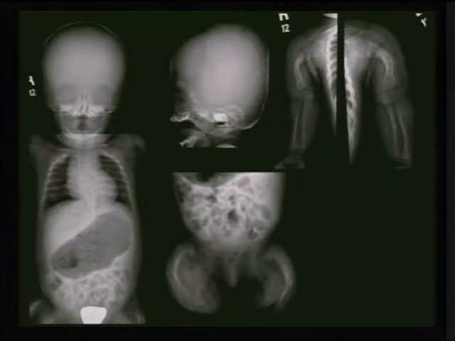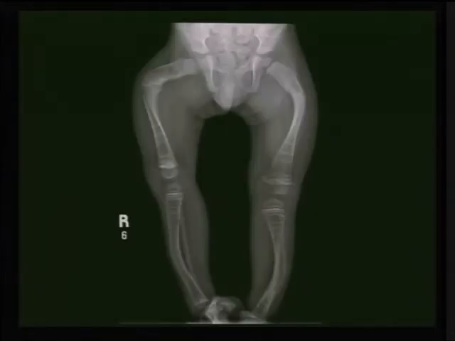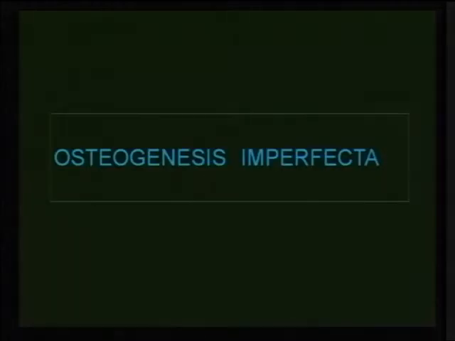There are wormian bones, what we call them, in the skull, which are in the sutures around the major suture, and there's bowing of the bones, and this is osteogenesis imperfecta, and you can see even as the child was growing, there is bowing, there is poor density of those bones, and there are multiple stress lines. The vertebrae will be collapsed, and you will have vertebra plana. Plana means flat, and this is osteogenesis imperfecta.